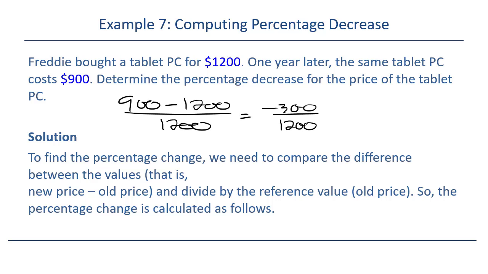What percentage is that of the $1,200? So a percentage is a ratio, right? So you can do this, and you get 3 over 12, or 1/4. Of course, it's negative, but it's negative because it decreased. 1/4, of course, is 0.25 or 25%. And the negative just tells us it went down by 25%.